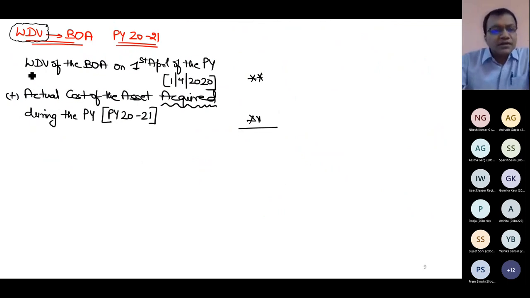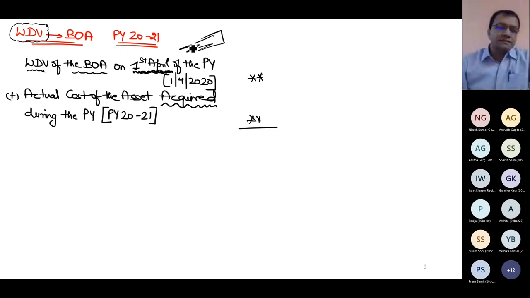And can you tell me what is the WDV of the block of assets on 1st April? Suppose there are 4 assets in this block on 1st April, which I have purchased 4 years ago or 5 years ago. Can you tell me how I have got the WDV of these assets?